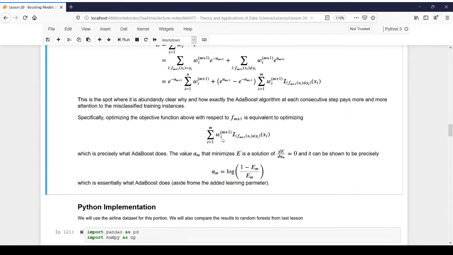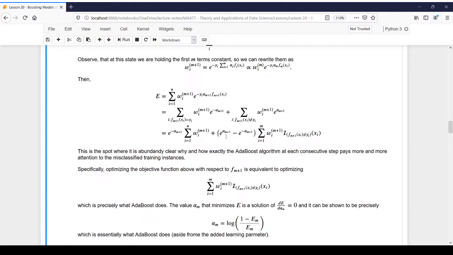Awesome. Let's just look at this a little bit. What did we say here? This omega I m plus 1 is proportional to these omega I m's at the previous step. Now suppose that at this instance xi, the previous algorithm fm did poorly.